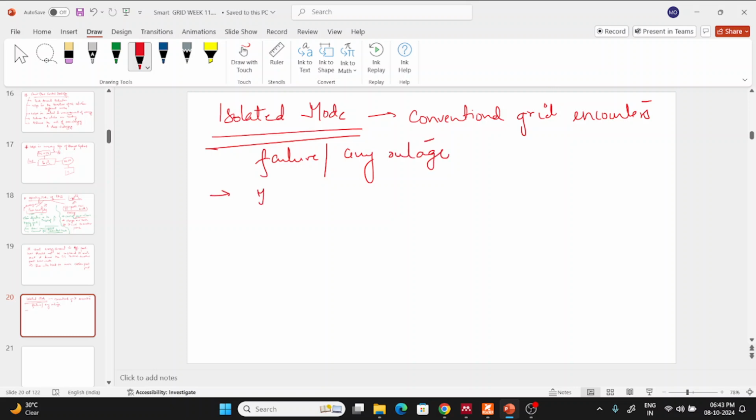What will happen because of this? This will disconnect the grid from the microgrid, or I would say DCMG, which is DC microgrid. Okay.